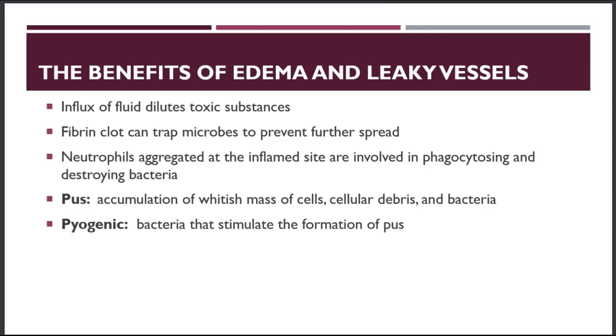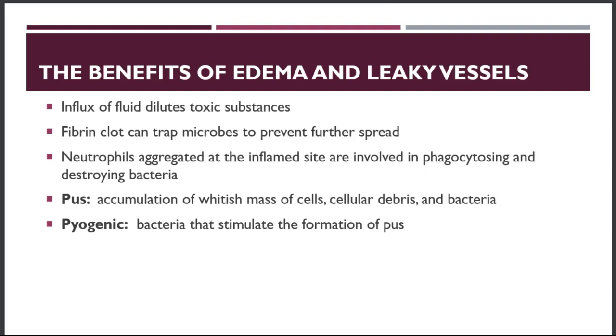Pus we get many times at the site of an injury. This is the accumulation of a whitish mass of cells, cellular debris, and bacteria. It also includes neutrophils, as we said before. Many of them are dead neutrophils.